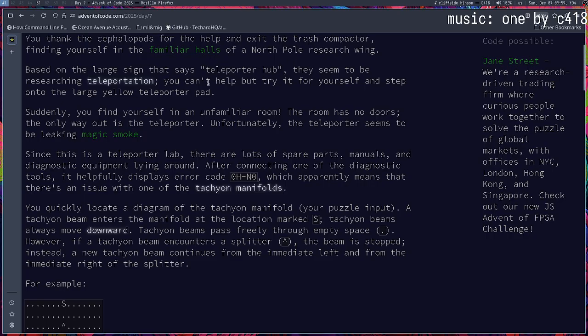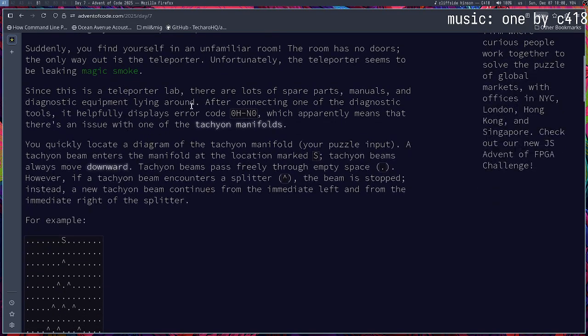You can't help but try it for yourself and step onto a large yellow teleporter pad. Suddenly, you find yourself in an unfamiliar room. The room has no doors. The only way out is the teleporter. Unfortunately, the teleporter seems to be leaking magic smoke. Since this is a teleporter lab, there are lots of spare parts, manuals, and diagnostic equipment lying around.